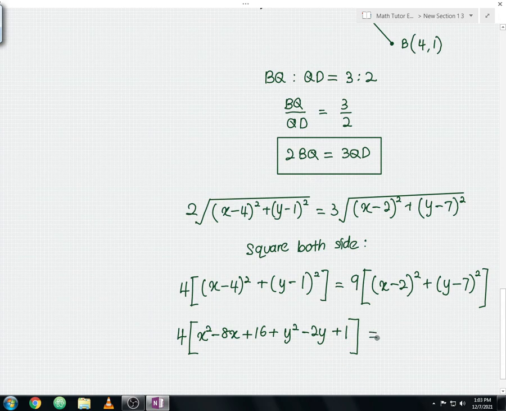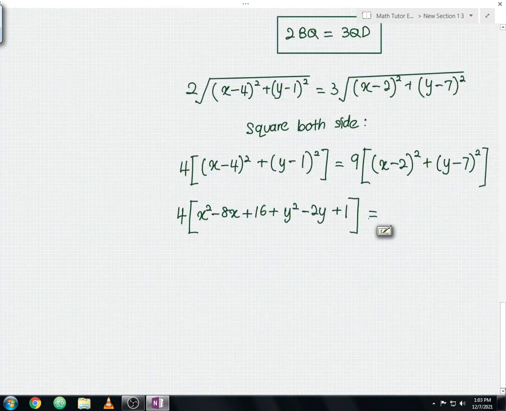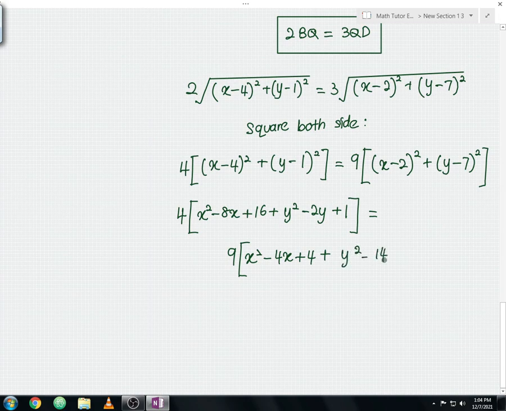So from here equals to, let me continue the working down here, 9 square bracket, x minus 2 square, you expand this, so you get x square minus 4x plus 4. And then plus y minus 7 square, you expand this bracket, so you get y square minus 14y plus 49. Close bracket.